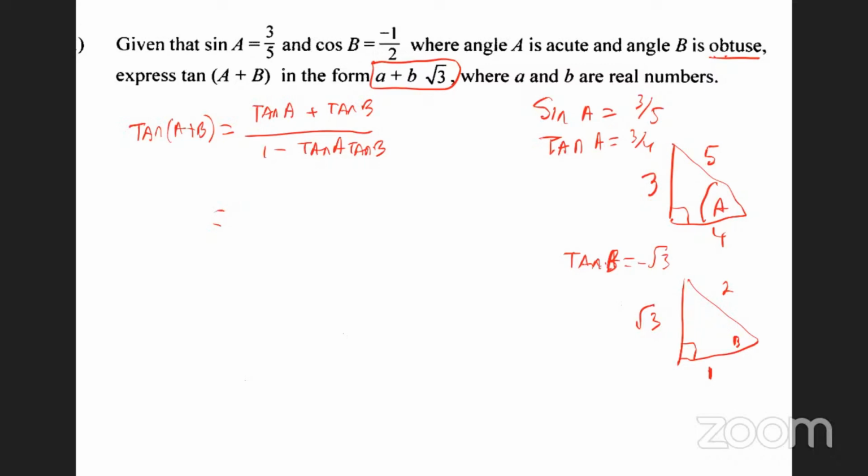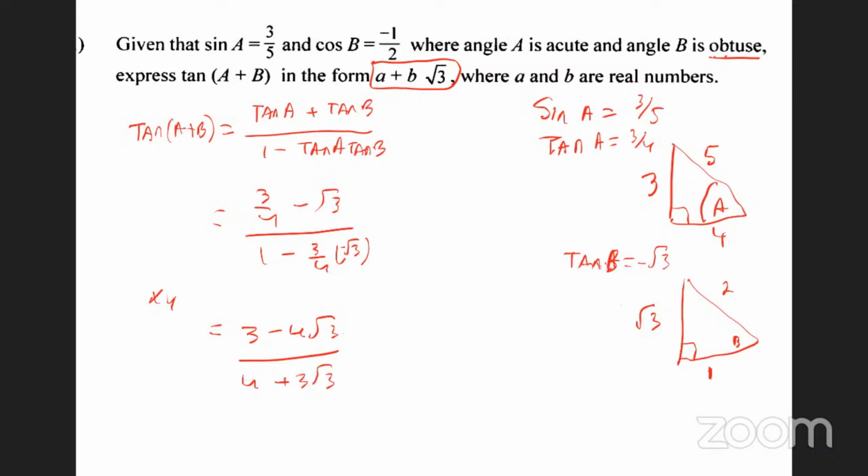Tan A was 3/4. Tan B is minus root 3. Tan A is 3/4 multiplied by minus root 3. If you don't like the fraction, multiply everything by 4. And you will get 3 minus 4 root 3 all over 4 plus 3 root 3.